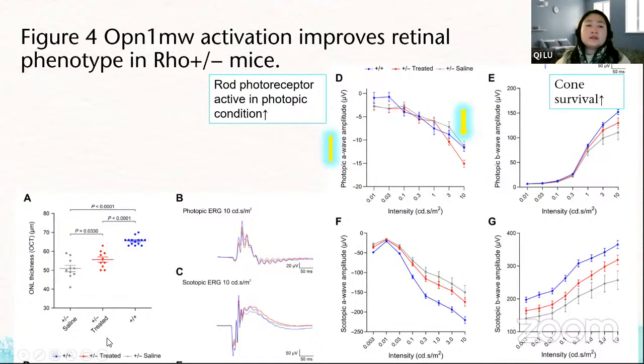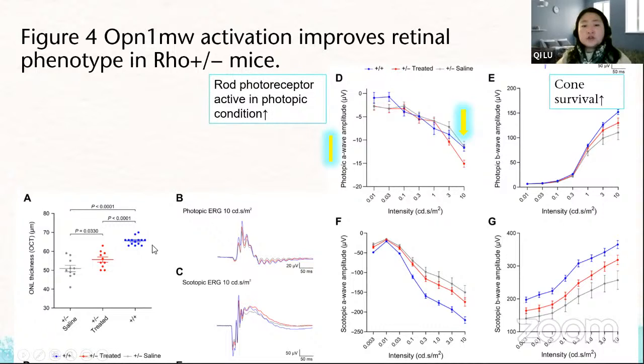Figure A is about the anatomy of the retina. The outer nuclear layer, where the photoreceptor soma is located, is increased in thickness after the treatment compared to the saline control, although it cannot go back to the same as the wild type.